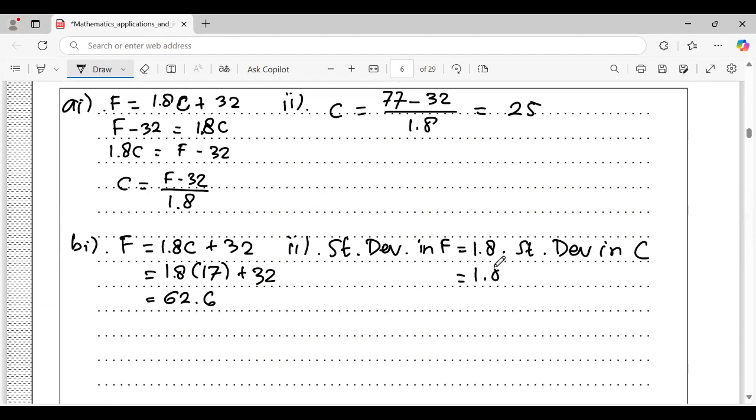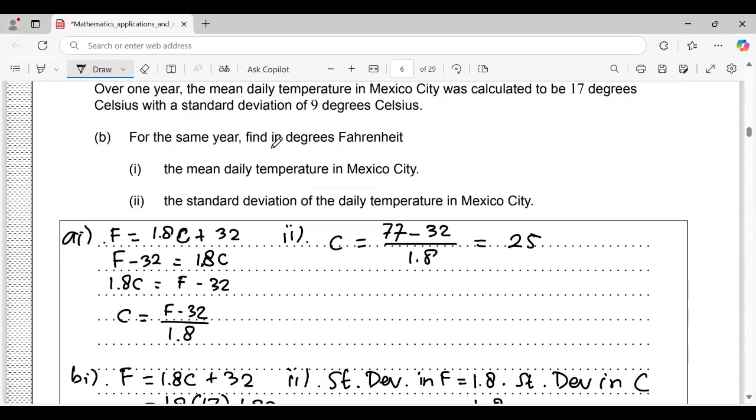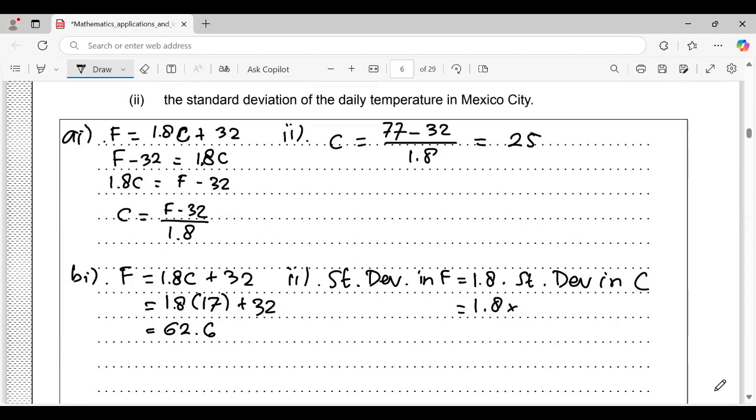It means 1.8 times the standard deviation in Celsius, 9 degrees. So 1.8 times 9 is 16.2.